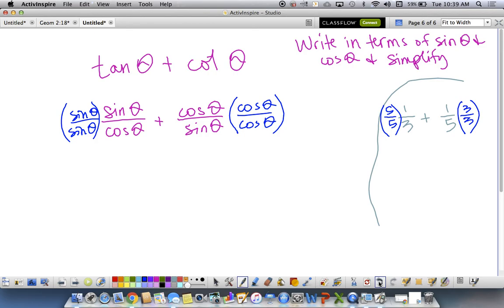So what happens when we multiply these things together? We have sine times sine, which is sine squared theta, over sine theta cosine theta. Plus, what about this fraction when we multiply? Cosine squared theta over the same denominator.